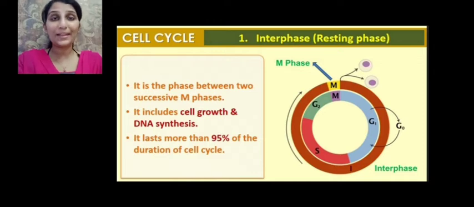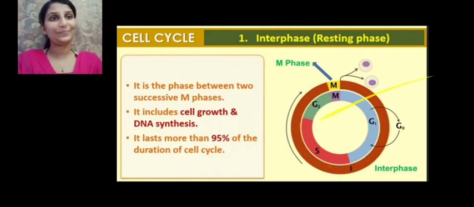So it is the period between two consecutive M phases. It is during this period that the first two processes, replication of DNA and growth of the cell, take place, and it constitutes about 95% of the duration of the cell cycle. Just now I told you it consumes a larger amount of time.